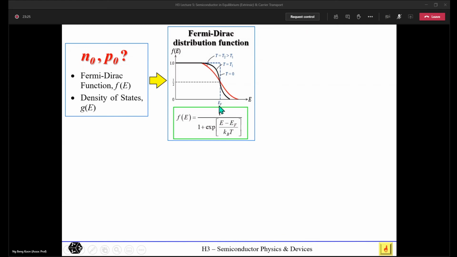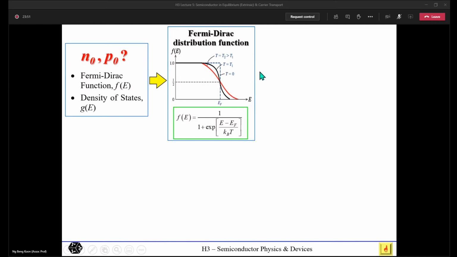Below the Fermi level, the probability of finding electrons is 100%, a value of 1. At energy levels above EF, you will not find any electrons, so the probability is 0.